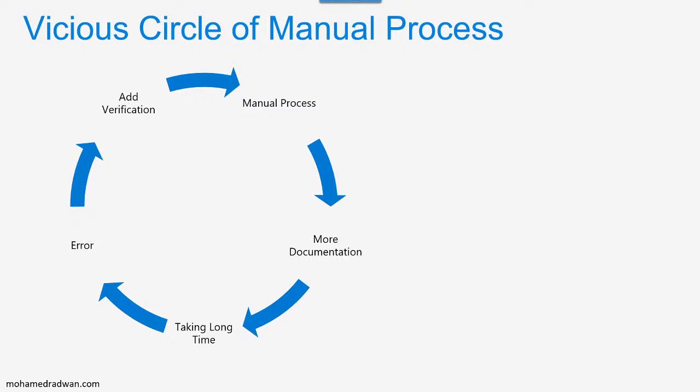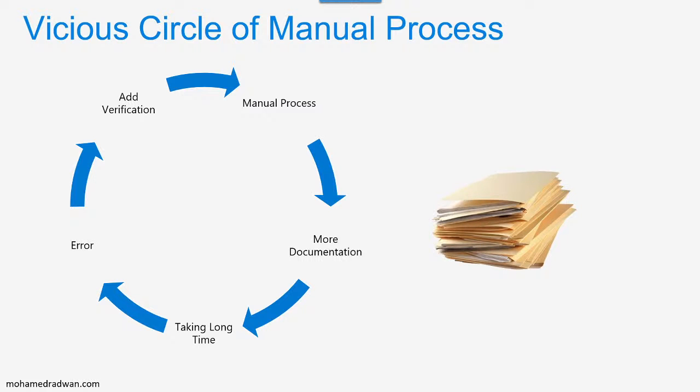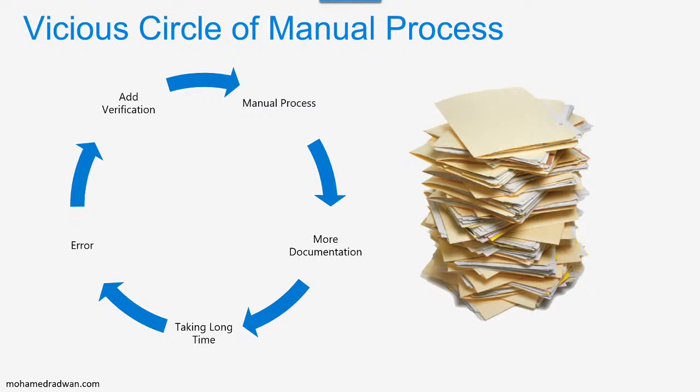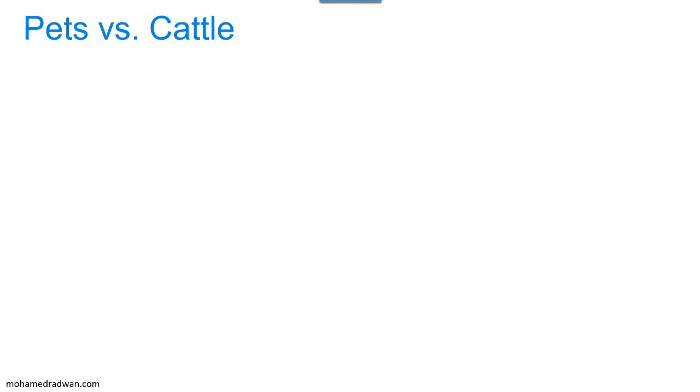So it will end up with more process, more documentation, and more errors. It could start with a very small document, and then over time it increases because you want to prevent all the errors you faced while trying to go through the manual process. This is the main problem of the manual process.